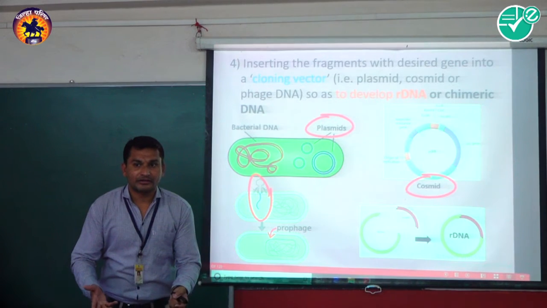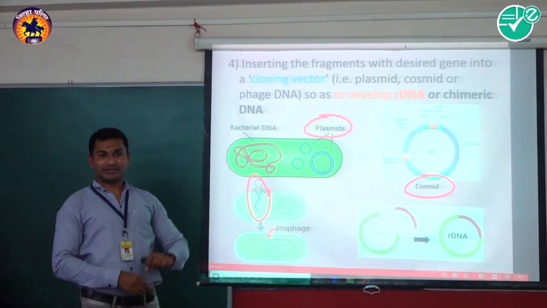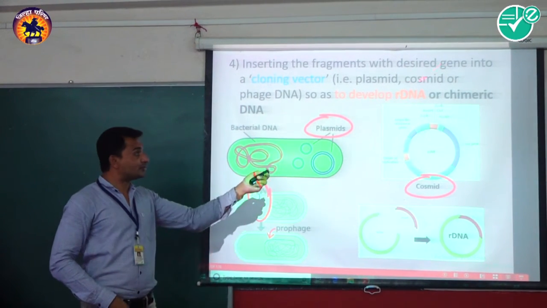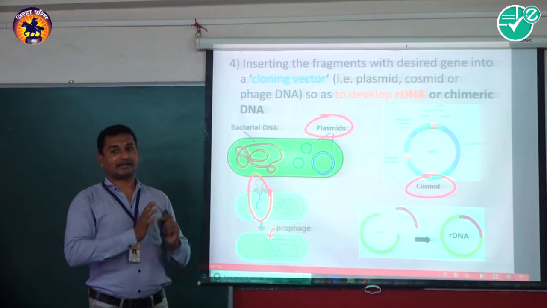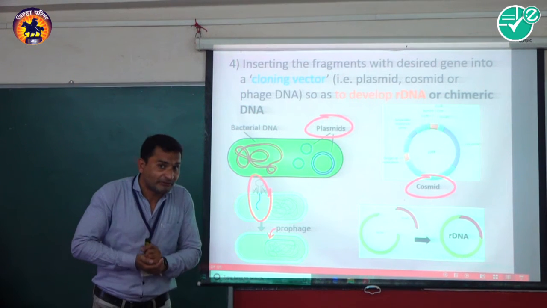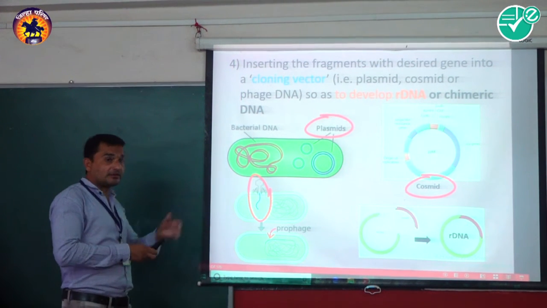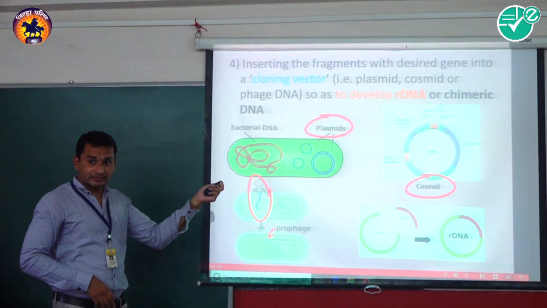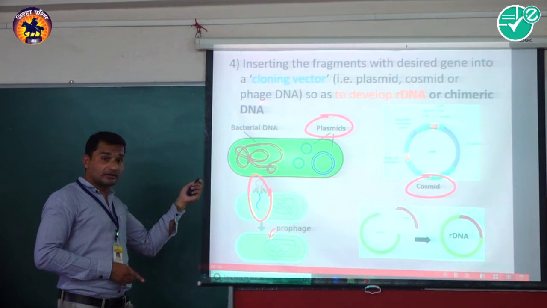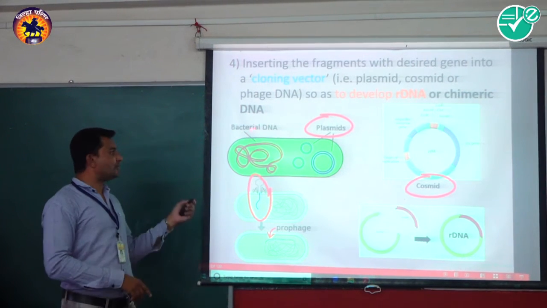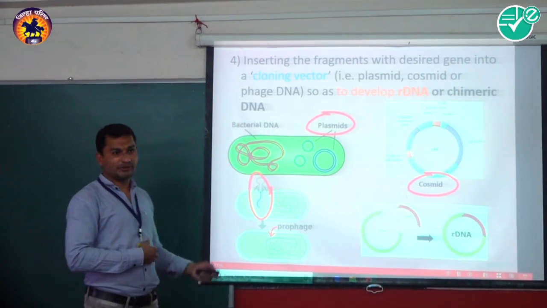What can that be? A plasmid may be the vector, a cosmid may be the vector, a phage DNA may be the vector. Number one is the plasmid, two is the cosmid, and third is phage DNA. Now we'll see the photographs of these images.